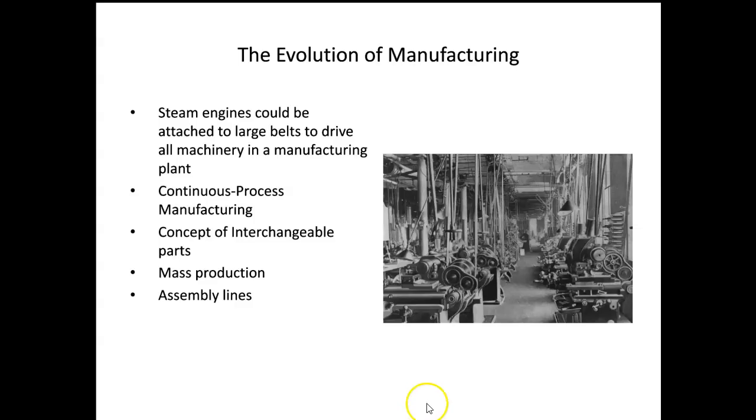So it was what's referred to as continuous process manufacturing. Things didn't stop. You didn't stop building.